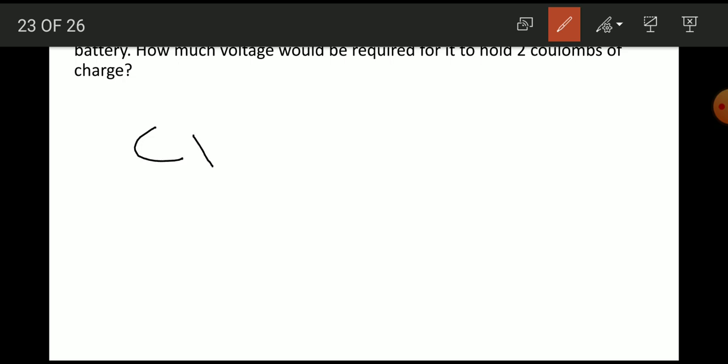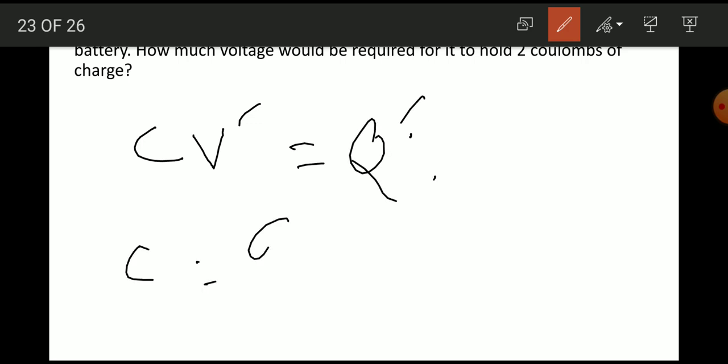So when you compare these two equations, Q prime is equal to CV prime.